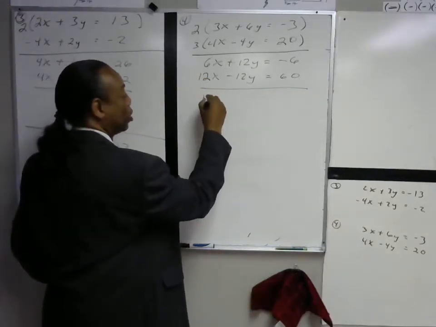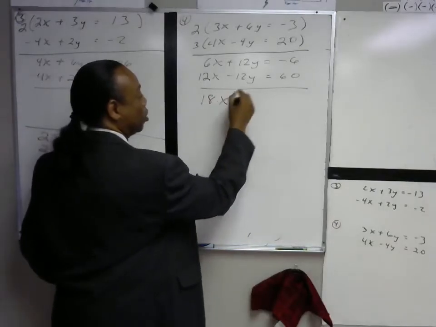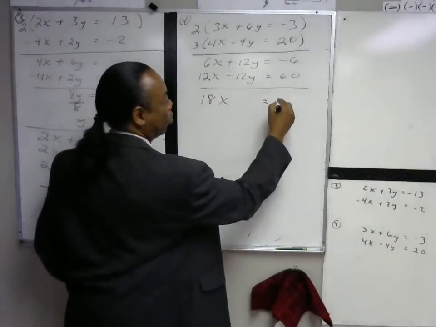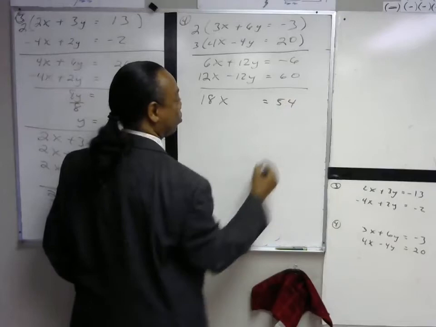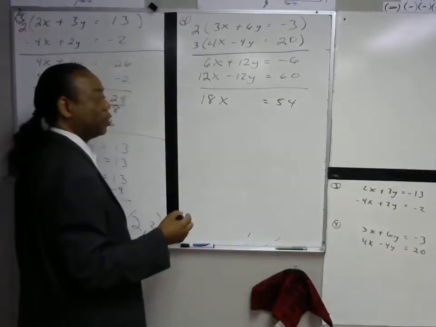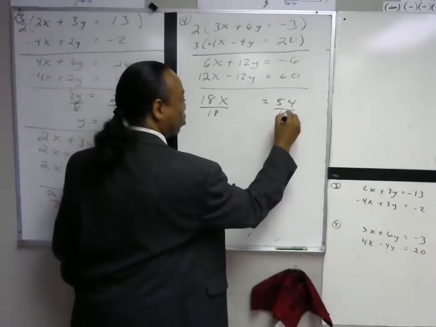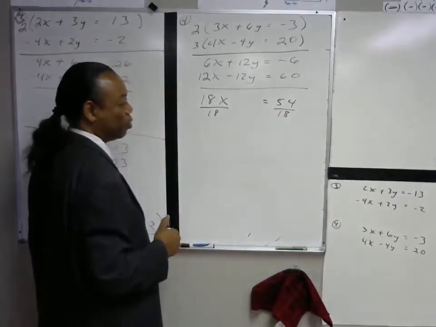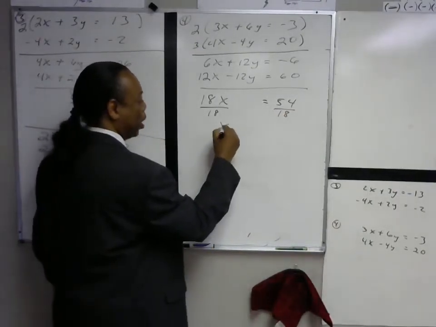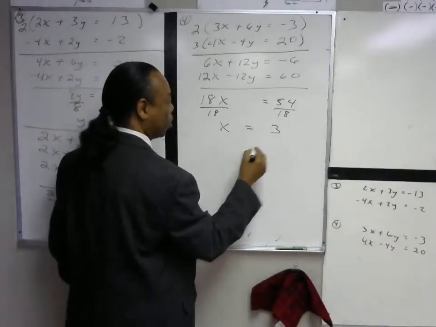We'll get an 18x. These two eliminate. Over here, we'll get a 54. And now let's divide both sides by 18. And I think it divides evenly. 3 times 18 is 54. So x equals 3. Okay, that works.